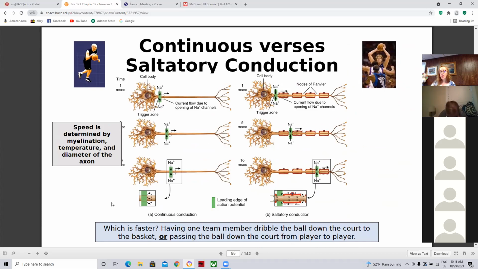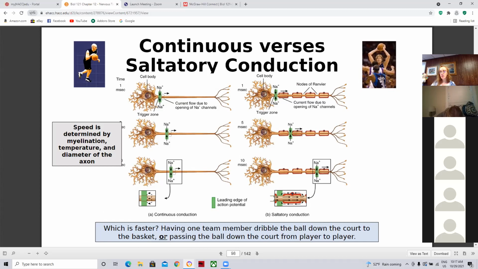If you're continually having to move a ball versus being able to pass the ball to someone else. So having one member dribble the ball or one person throw the ball. Continuous is having to dribble the ball.